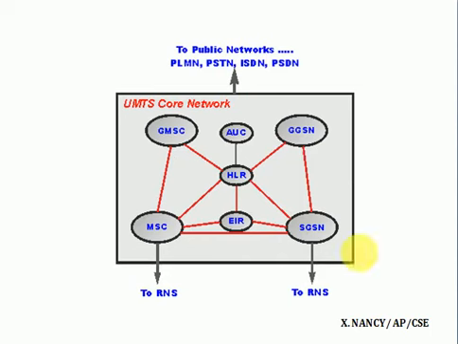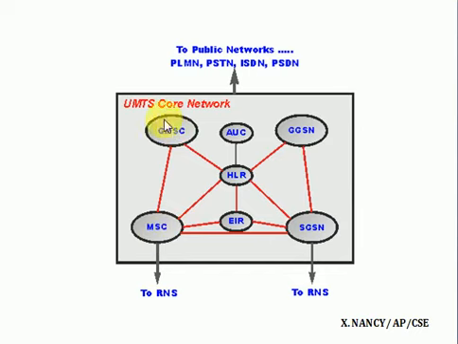This is the UMTS core network architecture, where we find the various elements of circuit switched elements as well as the packet switched elements along with some shared elements. Here the circuit switched elements are our MSC and GMSC. MSC is nothing but our mobile switching center, whereas GMSC is nothing but our gateway for the mobile switching center.